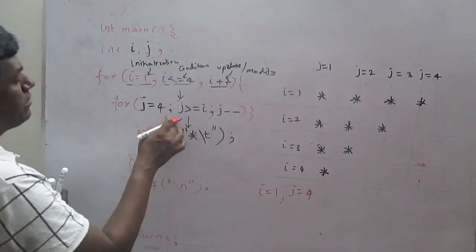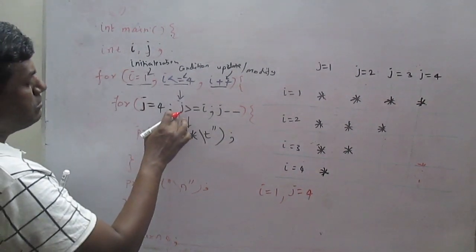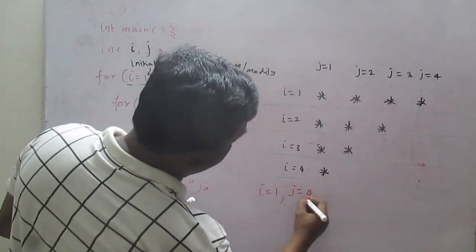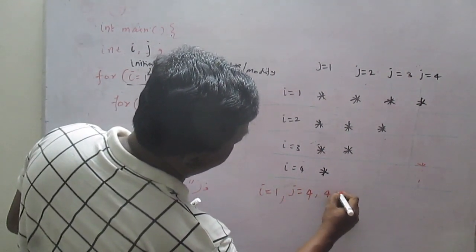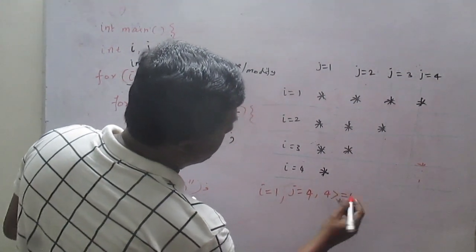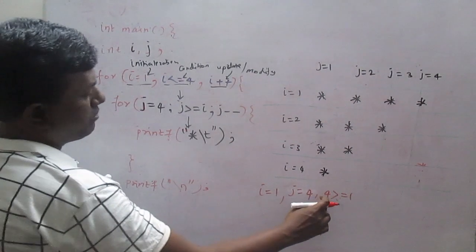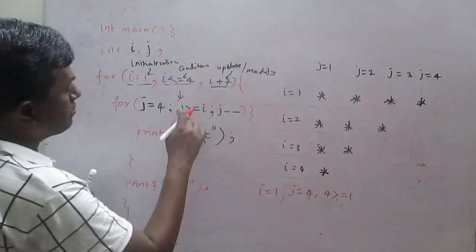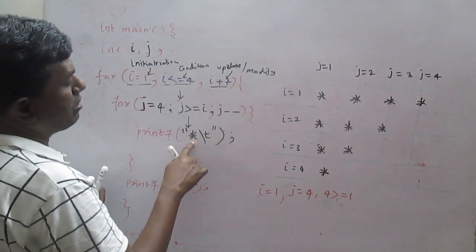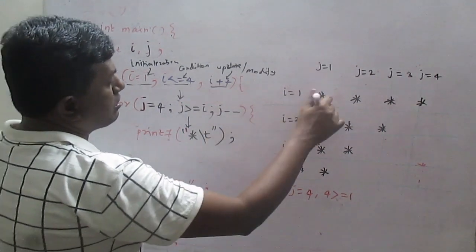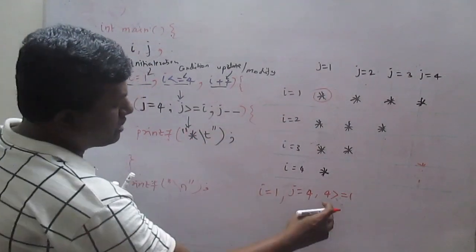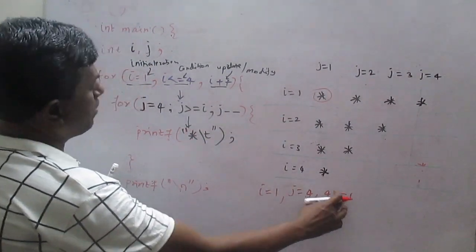We check the condition, j greater than or equal to i, that means 4 greater than or equal to 1, because i is 1. Condition true, so we enter and print the star. So this first star is printed based on the condition 4 greater than or equal to 1, condition true.